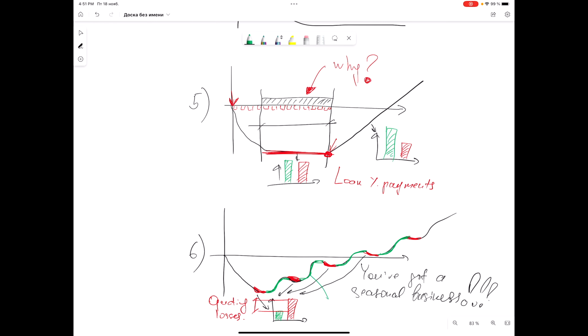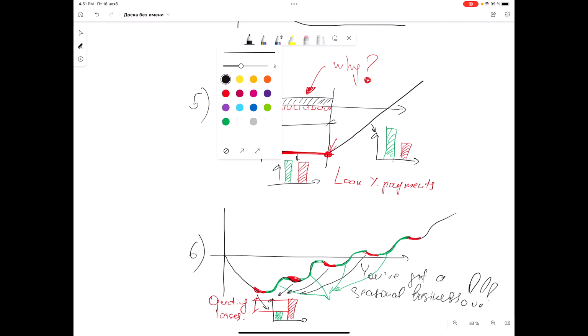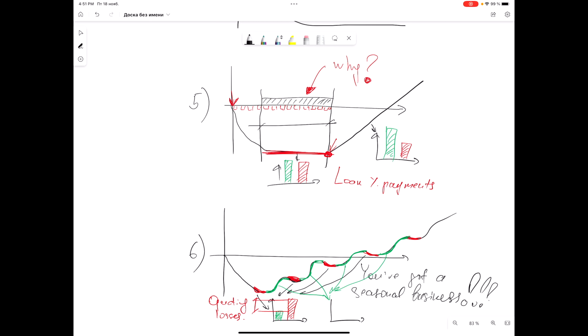So if we look at these periods, we can draw here another story, and this will be when your revenues are higher than your expenses. And in this period, you will get profit.